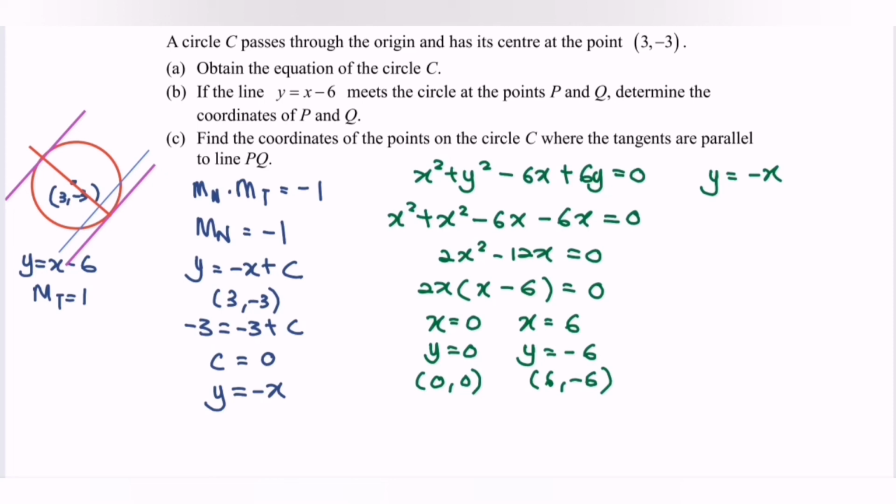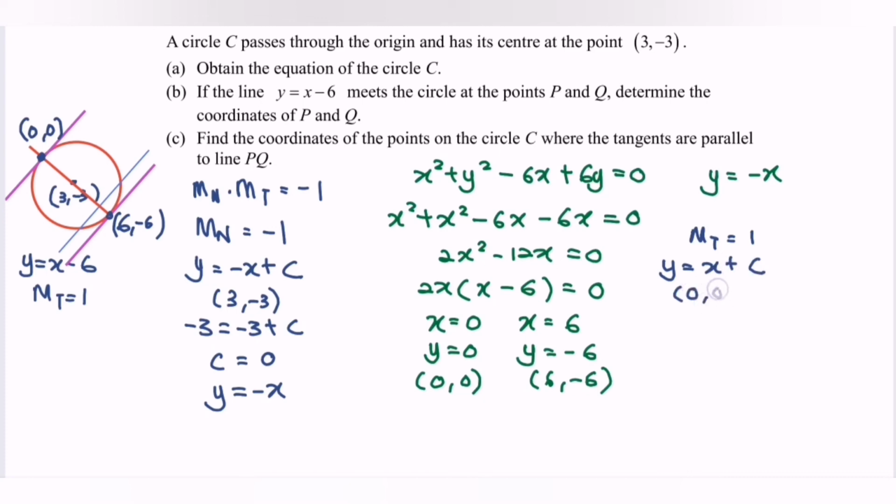Next, if the question asks us to find the tangent equations, which are purple in color, my suggestion would be to substitute the points 0, 0 and also 6, -6. We have the tangent gradient, which is 1. So y equals x plus c.